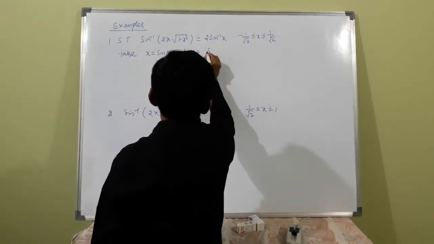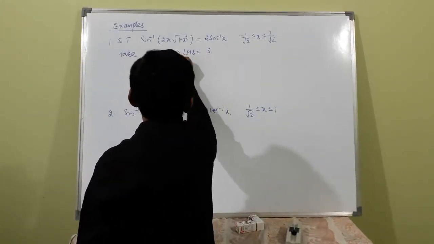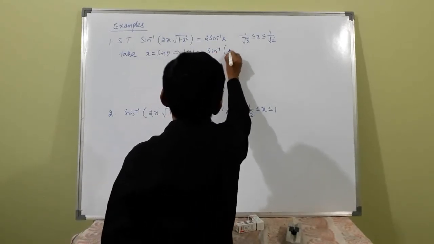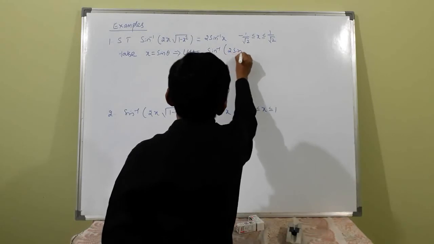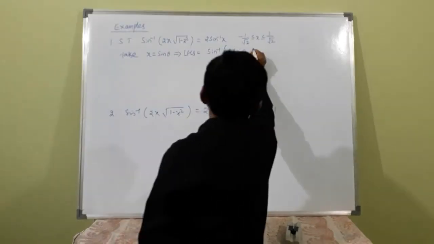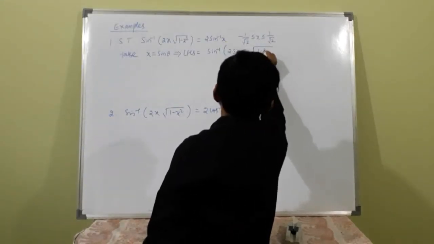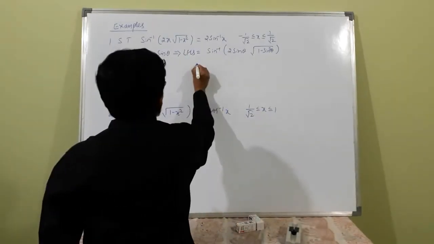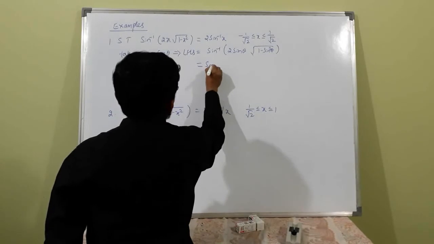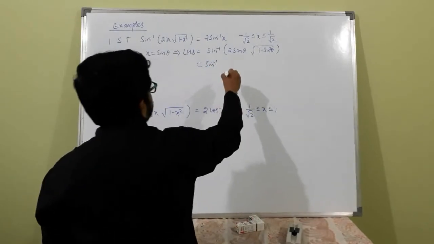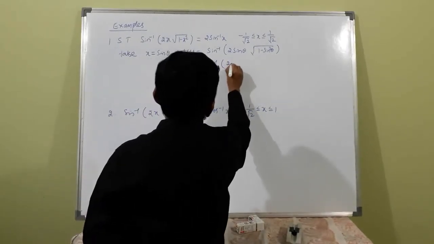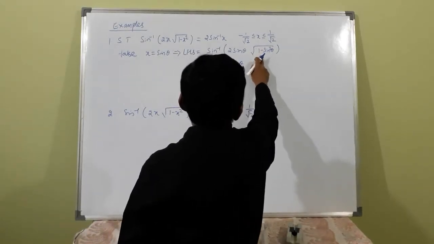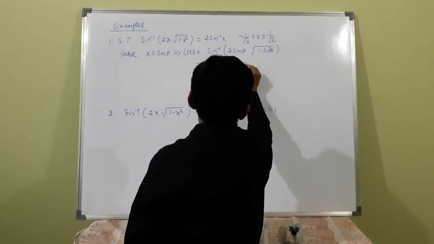sin inverse of 2 sin theta square root of 1 minus sin squared theta, that is equal to sin inverse of 2 sin theta square root of cos squared theta, or cos theta.